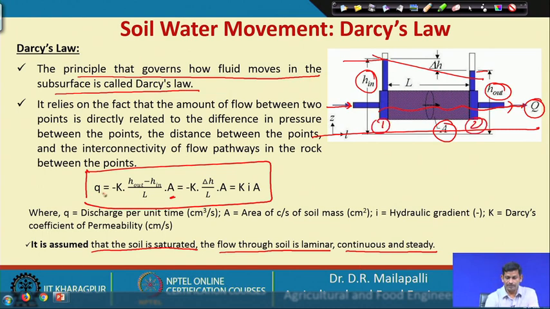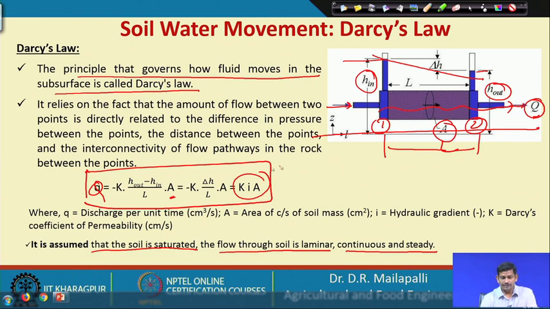The Q collected here, capital Q, is equal to minus K into H out minus H in, the difference in pressure, divided by L, where L is the length of the specimen. Finally, minus K into delta H by L into A, so Q is equal to K I A.